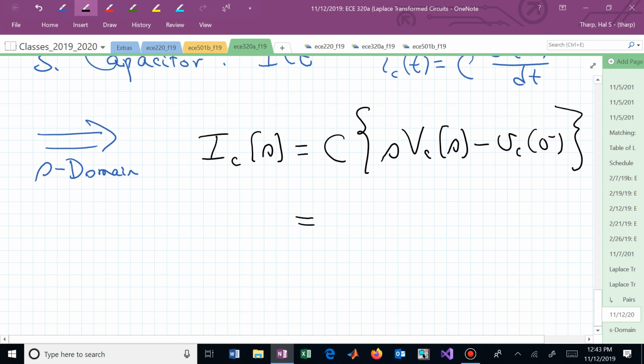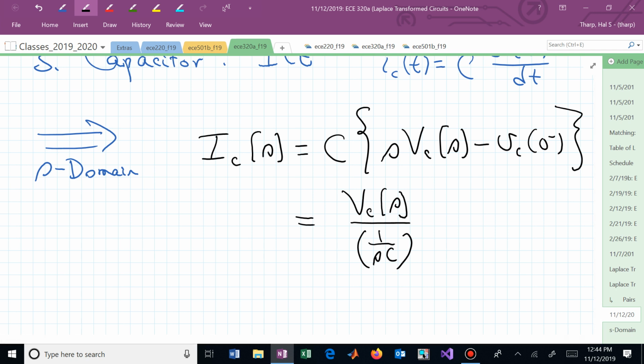distributing the C, and to make this look more like an impedance, we can now say, multiplication by SC is the same as division by 1 over SC, and we have minus C, V sub C of 0 minus.